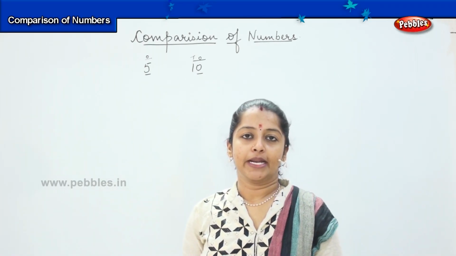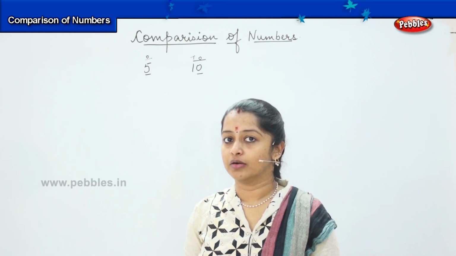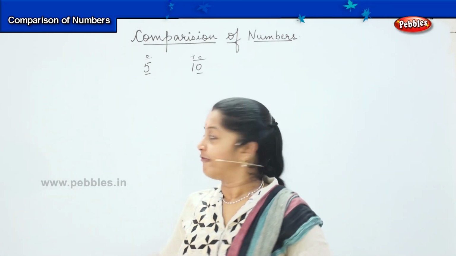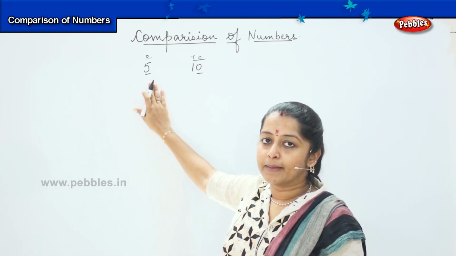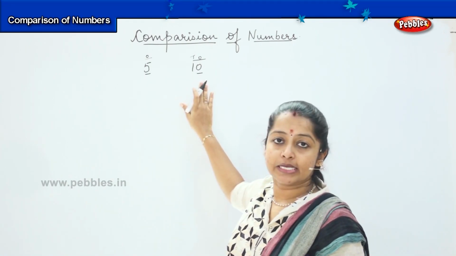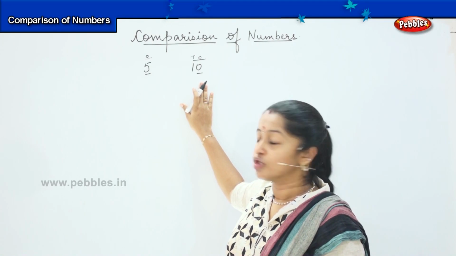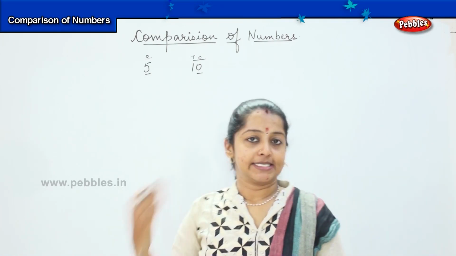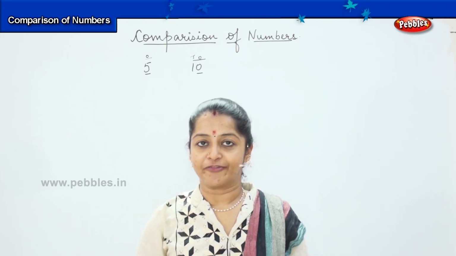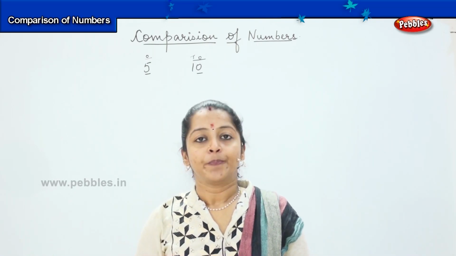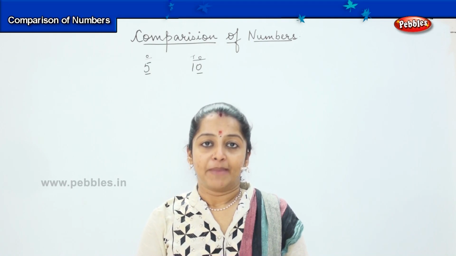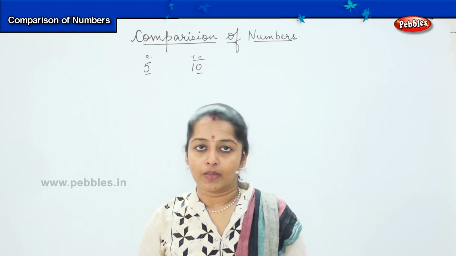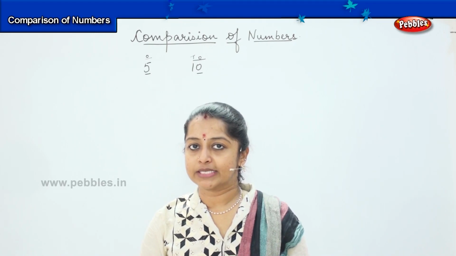Very good, we can compare it in terms of big and small. 5 is a small number, whereas 10 is a big number. So we generally make comparison based on ascending and descending order, meaning which will come first and which will come next. Then we compare them based on their size and their position. Shall we do a few examples?